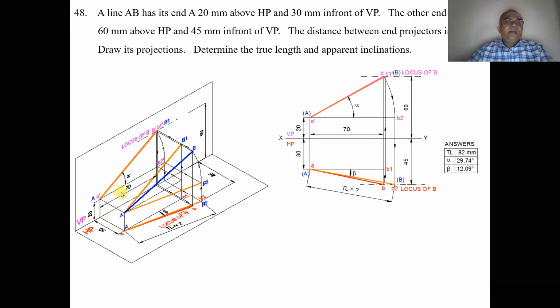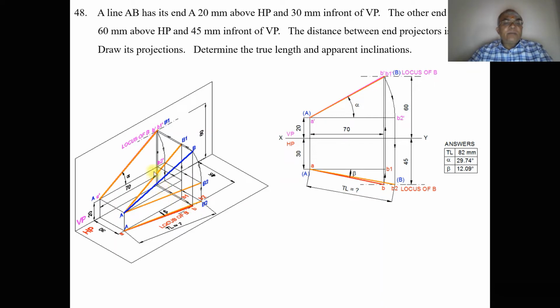So here, for end A, we have A dash and A on the line. He has given the distance between the end projectors, so we have the projector A and the projector B, and that distance is 70 mm. From the projector A, you measure a distance of 70 mm and draw a vertical line in VP, and also draw the line in HP, which again becomes a vertical line because when HP is rotated down, it becomes a continuous line.